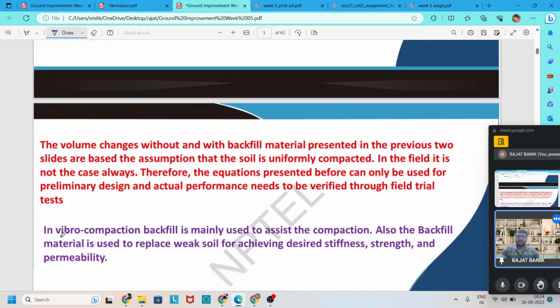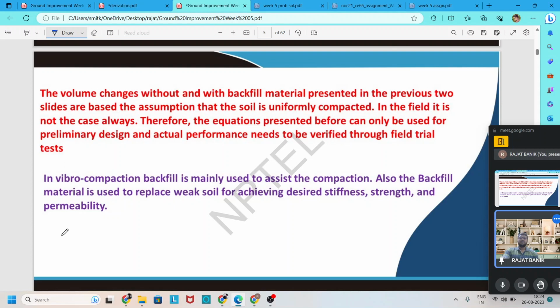Moving to the next slide, here one conclusion is drawn: when the volume changes without and with backfill material, as presented in the previous slide, we assume that the soil is uniformly compacted. In the field it is not the same case.